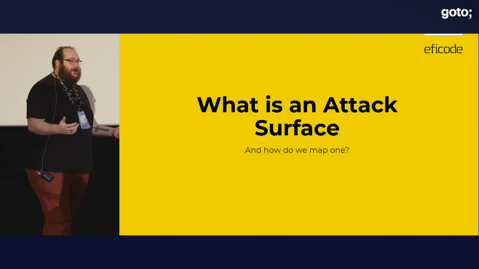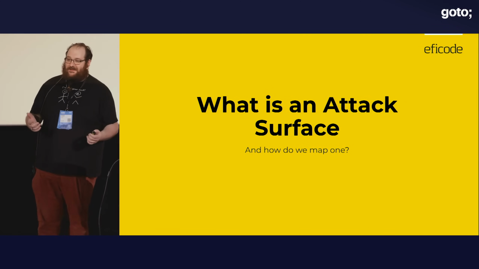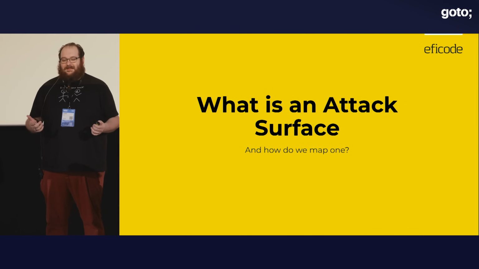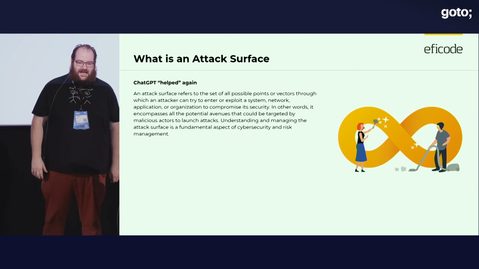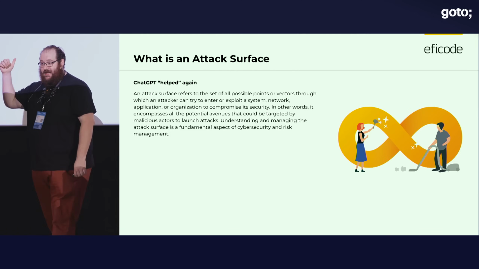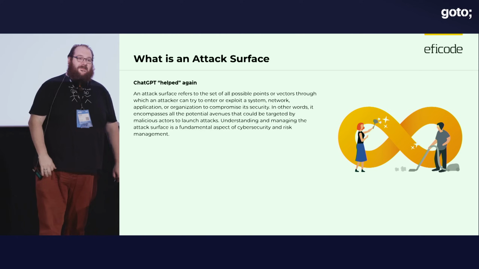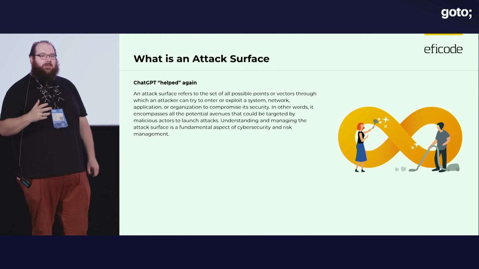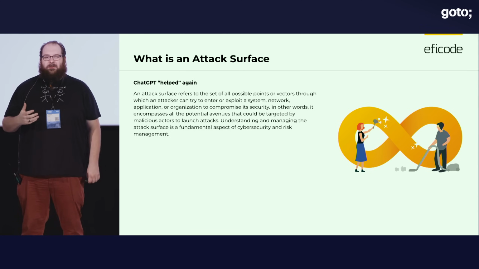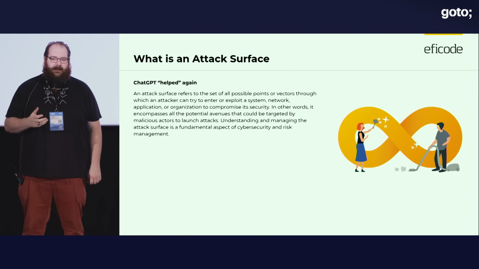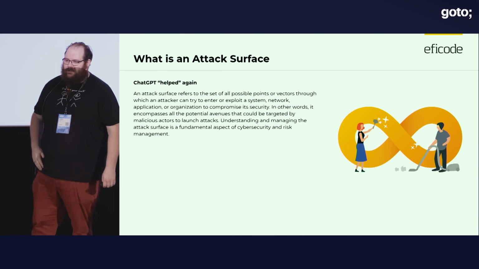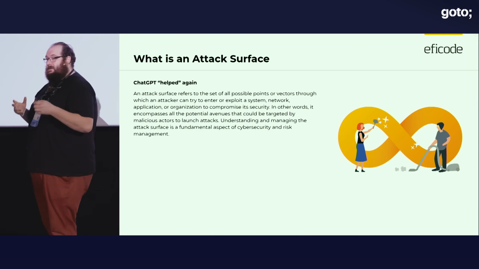And then we need to address what is an attack surface, because it's a weird term. An attack surface is, again, ChatGPT's summary there if you wish to read it. An attack surface is everything that occurs. We can break it down. I have a metaphor in my head, which is the house metaphor. Think of your house.